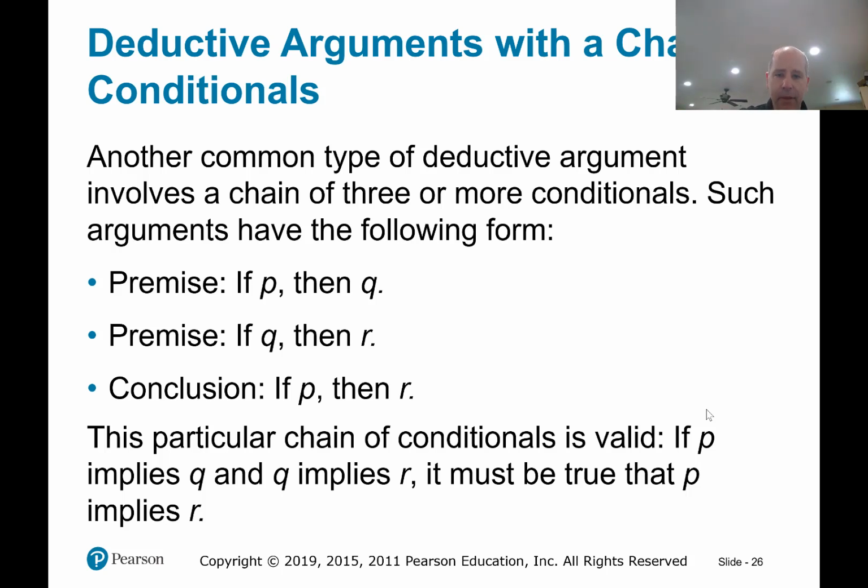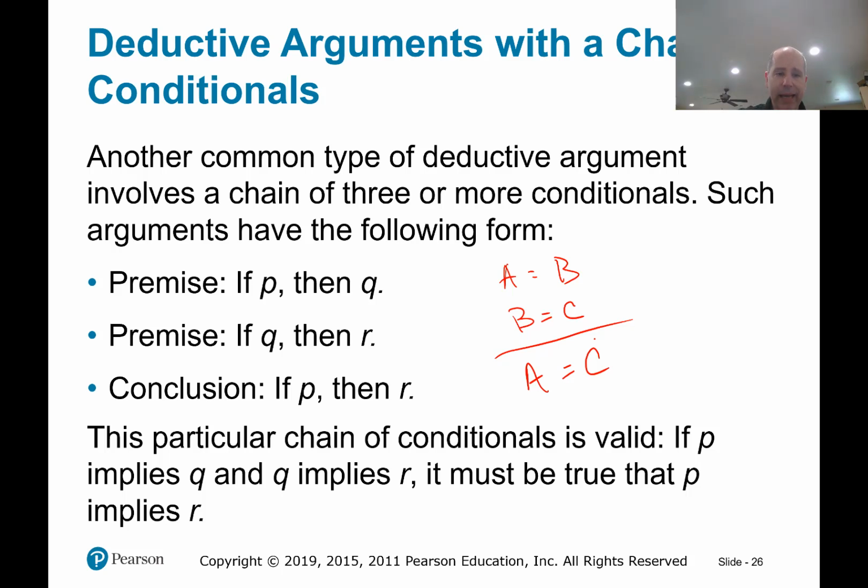Think about math. If A is equal to B and B is equal to C, then it must be true that A equals C. That's true by transitivity. A similar thing happens with conditionals, a chain of conditionals.